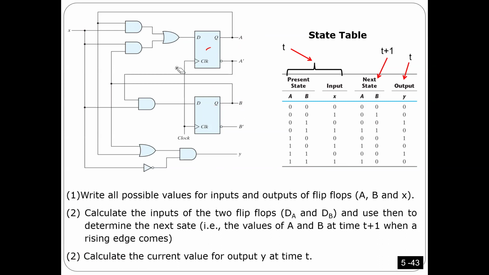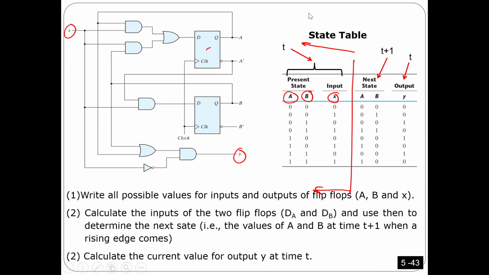And then in order to make this table, the table has input and output. The input here, as we see, we start with the present state of the flip-flops you have, A and B. And also we have one input and one output here. So in this part of the table, you have to write the Q values for the flip-flops you have and the inputs.